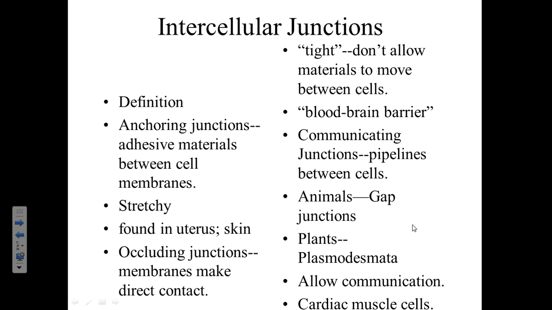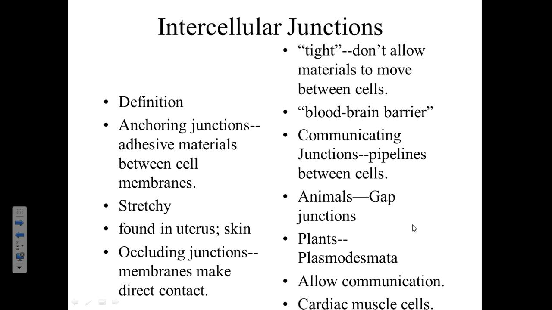But let's say you have quadruplets one day. That thing is going to more than quadruple in size, and it's going to need to stretch in all directions. After you have kids, will it go back? Oh no, it'll go back. Probably not ever what it was, but it'll go back smaller. All right, so that's one kind of connection, an anchoring junction.